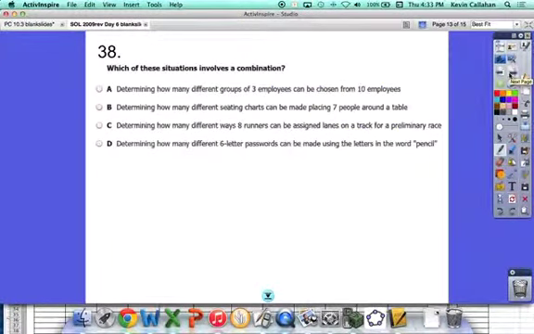Okay, next, which of these four situations represents what's called a combination? Combination as opposed to permutation, right? So in terms of, how do we tell which one is a combination and which one is a permutation? Combination versus permutation.